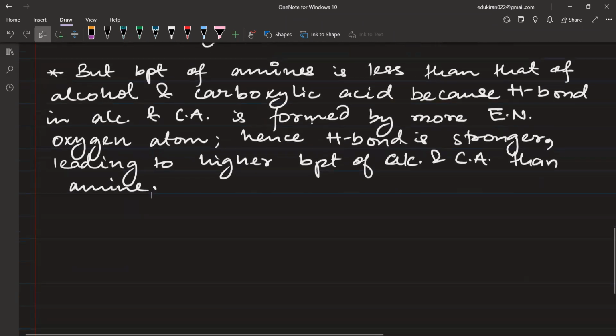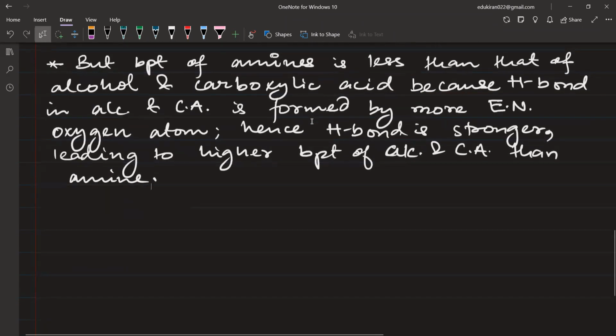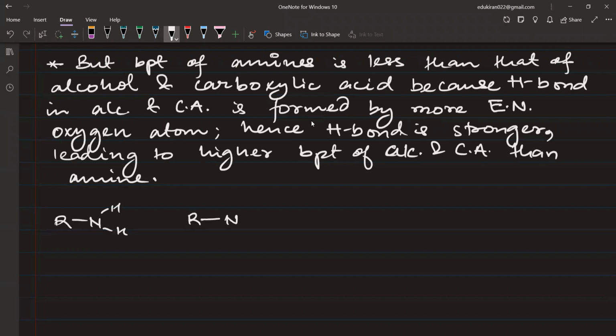Now, when you are going to compare different amines, that is 1 degree, 2 degree, and 3 degree, in that case you will see the number of hydrogen bonds. Primary amine has nitrogen bonded to 2 hydrogens. Then we have secondary amine, where nitrogen is bonded to 2 R and 1 hydrogen.